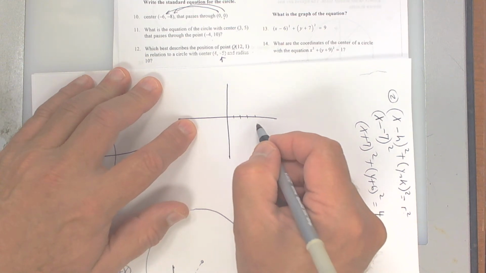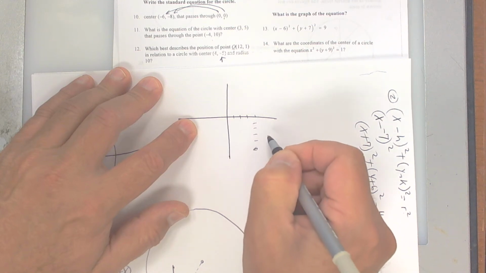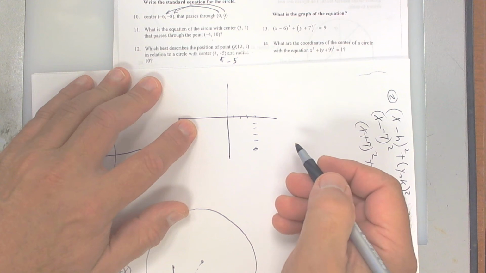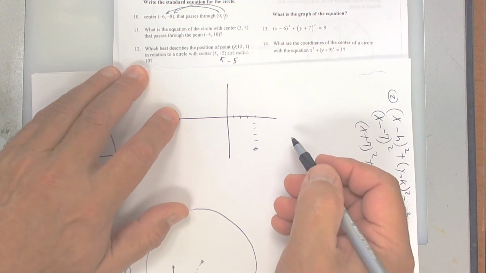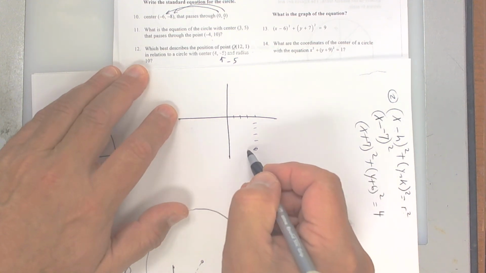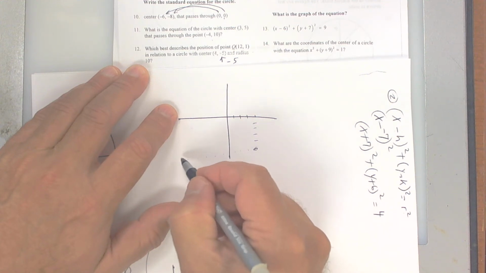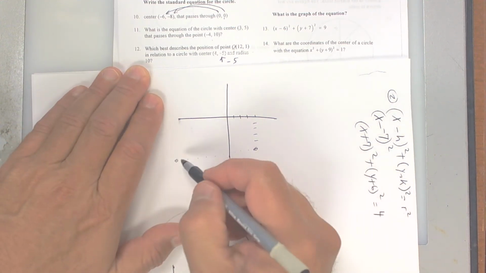Then go down 5. Anyway, so the radius is 10. So you're going to go over this way 10: 5, 6, 7, 8, 9, 10. The radius is 10.